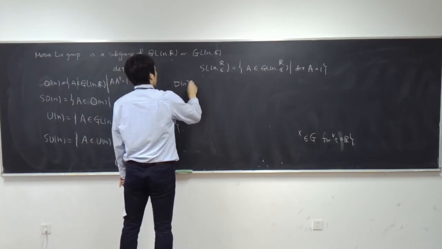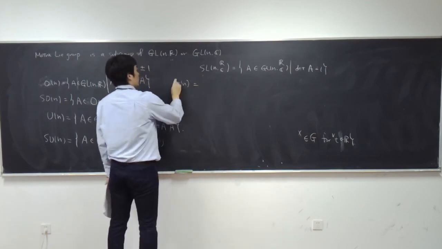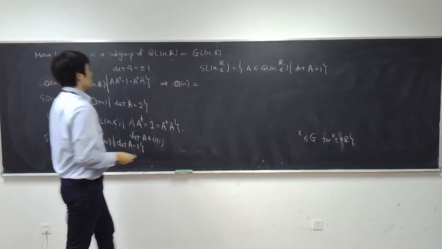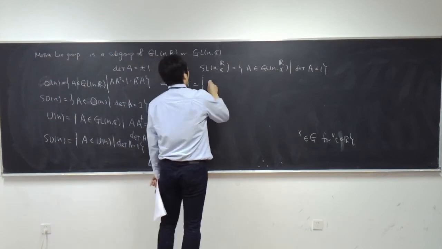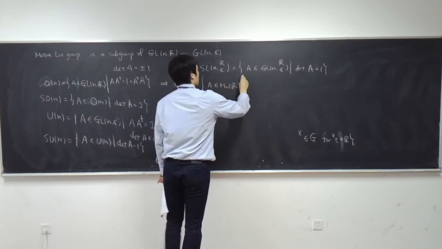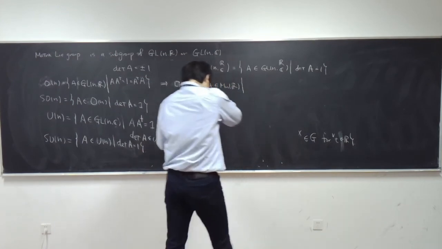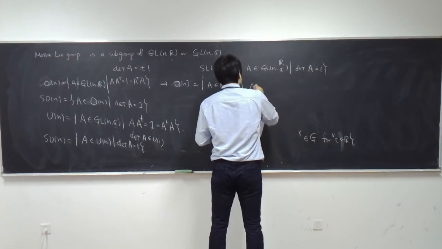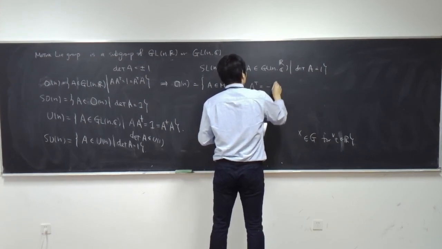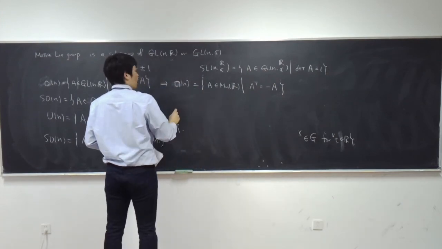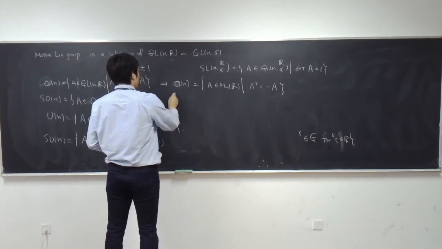So this is the Lie algebra, so(N), which can be understood as the matrices A with real values such that... in fact, both are the same.